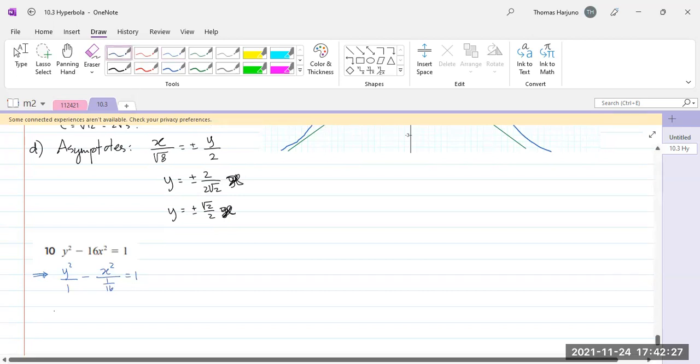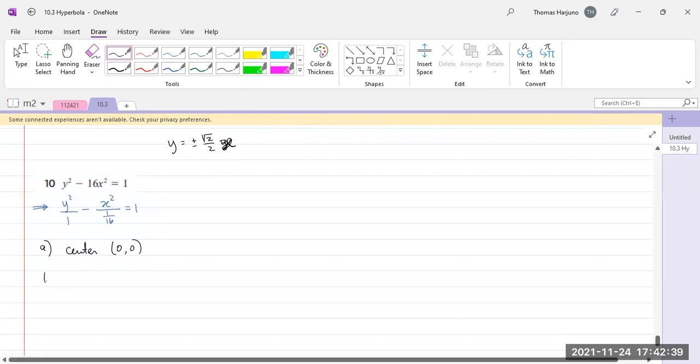Okay, then from there we see first the center is 0, 0 still, right? And the vertices, that's square root of 1, so along the y. Because we start from y squared, then we go up and down 1 unit. So that will be 0, 1 and 0, negative 1, right? That's the vertices.